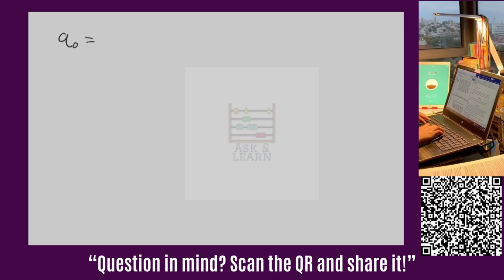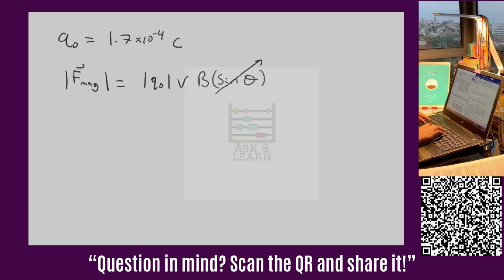We know the charge is 1.7 times 10 to the negative 4 coulombs, and we know that the magnitude of the magnetic force acting on a particle is the charge multiplied by its speed, multiplied by the magnitude of the field it's traveling through, multiplied by the sine of the angle between the magnetic field and the velocity. This is going to be a sine of 90 degrees because the magnetic field is perpendicular, and this term is going to go to 1.